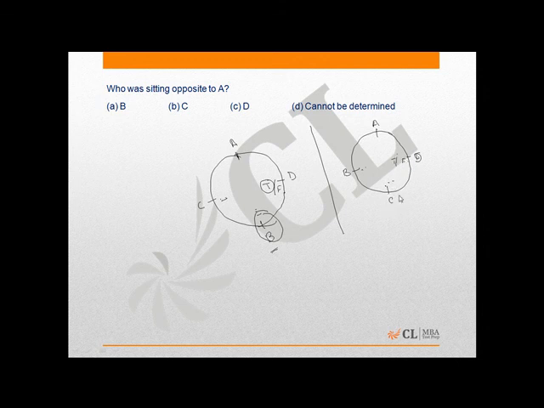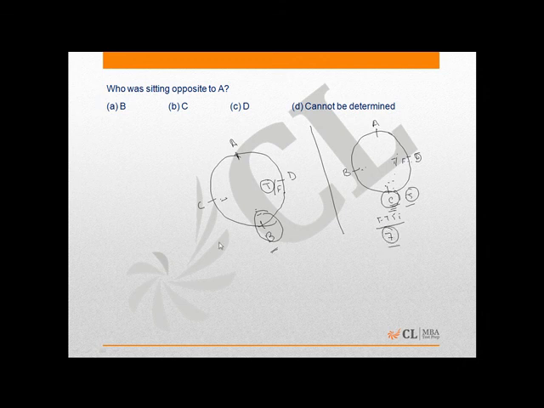C has marked all questions alternately: false, true, and so on. So in this case he would have attempted again 5 questions, as B did in the previous case, so C cannot sit opposite to A as he has attempted 7 questions.